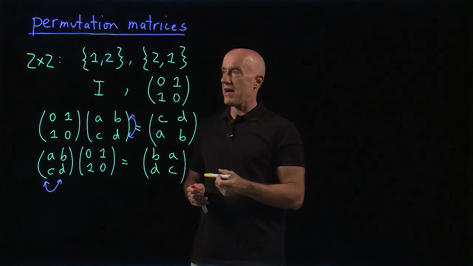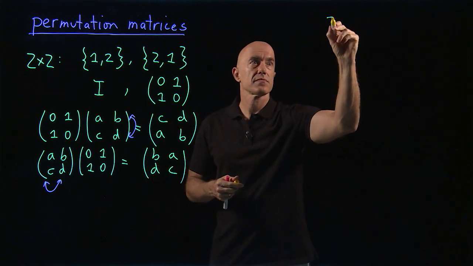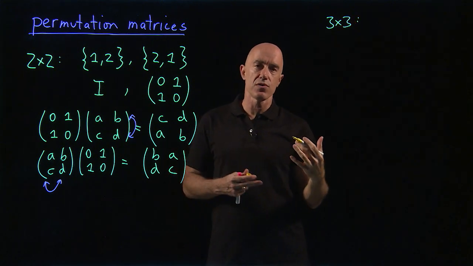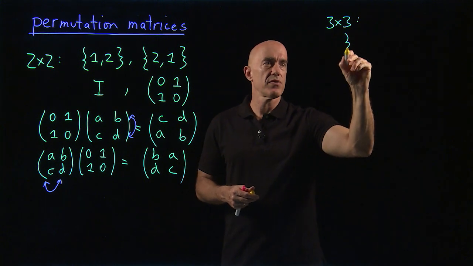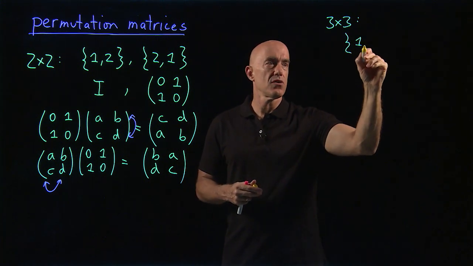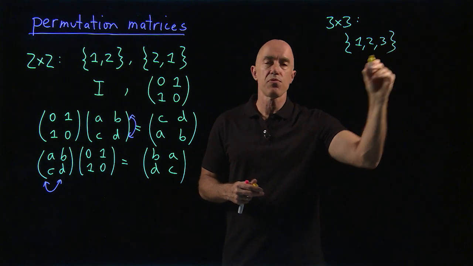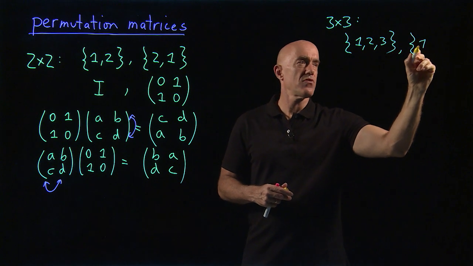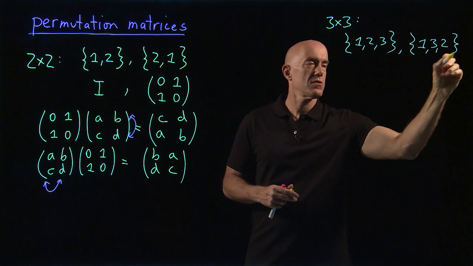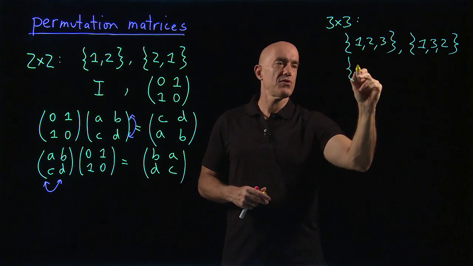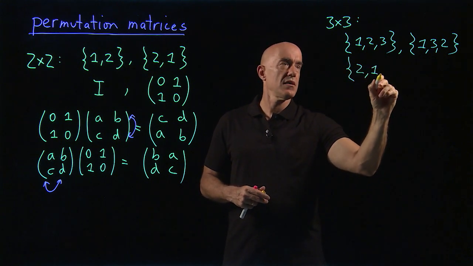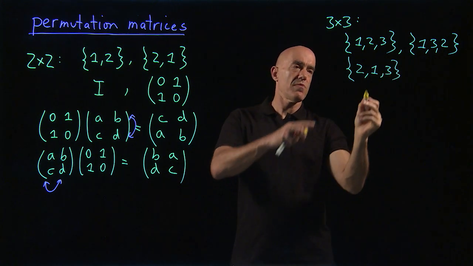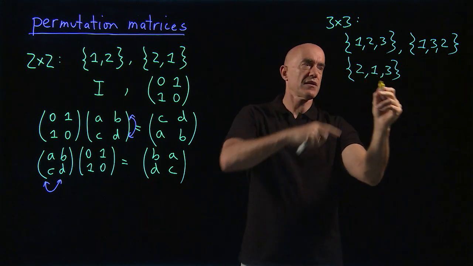What about the 3 by 3 case? How many different ways are there to permute the rows of a 3 by 3 matrix? We can write down all of them. 1, 2, 3 means that there's no permutation. Then we can permute the second and the third row, so that would be 1, 3, 2. Then we can put 2 first, and then 1 and 3, permuting the first and the second row.